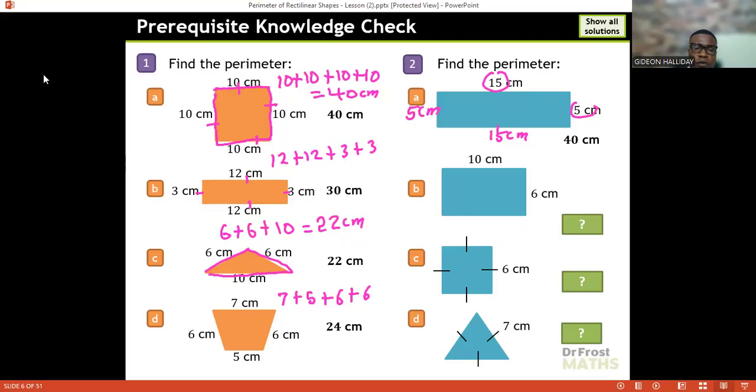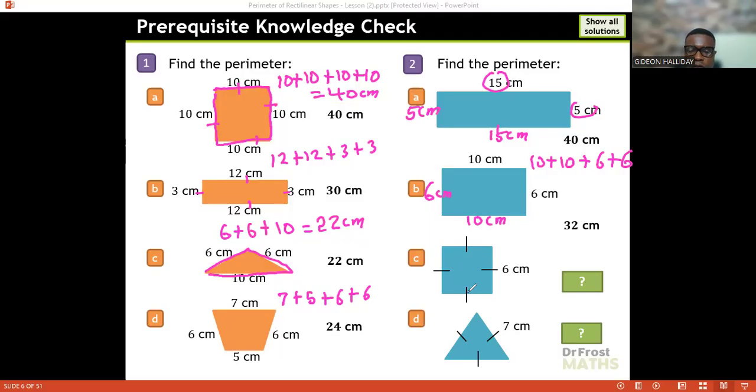All right, same with this. Here is also 6 centimeters. Here is 10 centimeters. So you have 10 plus 10 plus 6 plus 6. 10 plus 10, 20. 6 plus 6, 12. 20 plus 12, that's 32. 32 centimeters. Now this is a square, and we know that all the sides of a square are equal.